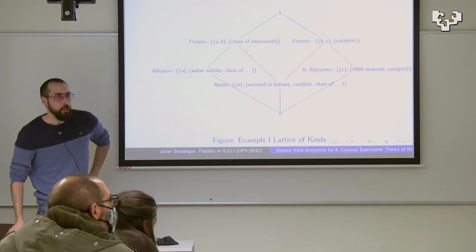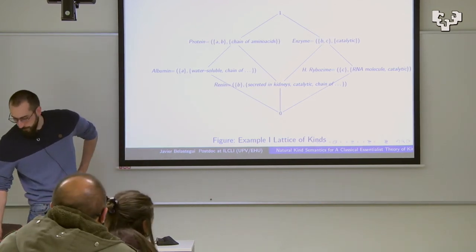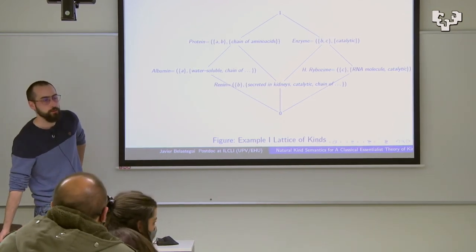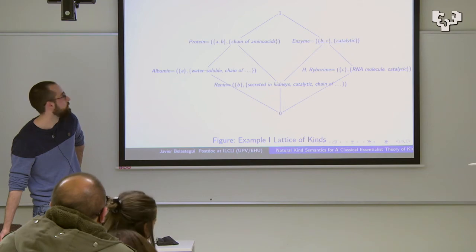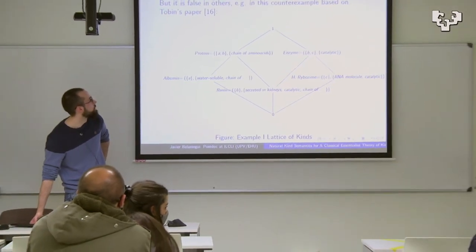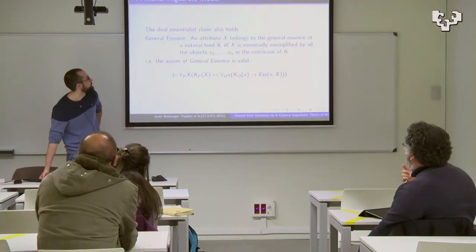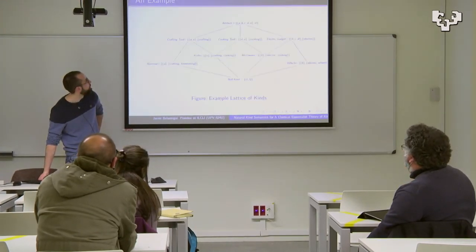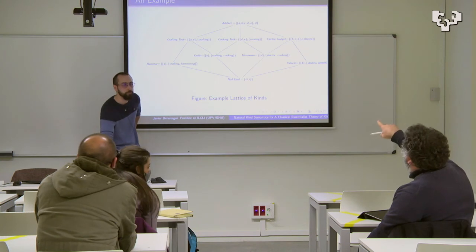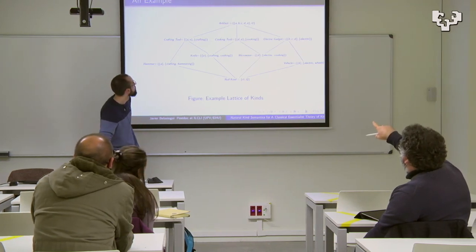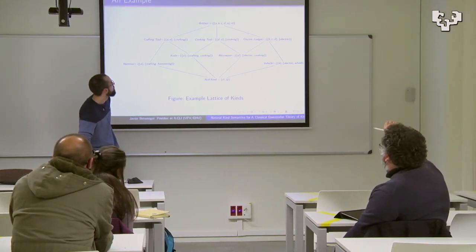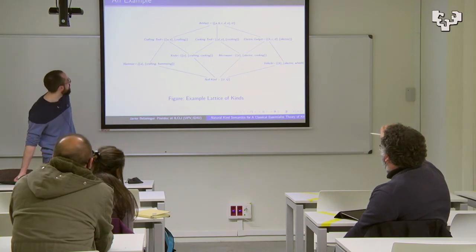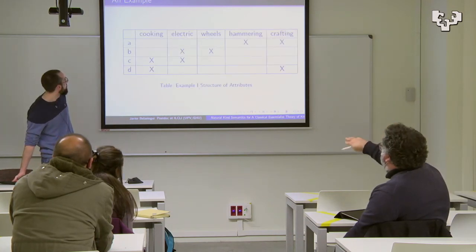I have one question about the diagram. I was thinking the first thing on the top in the diagrams is a kind, right? And a kind is the pair. In that one, you have the objects and no essence. And at the bottom, you have just the opposite.